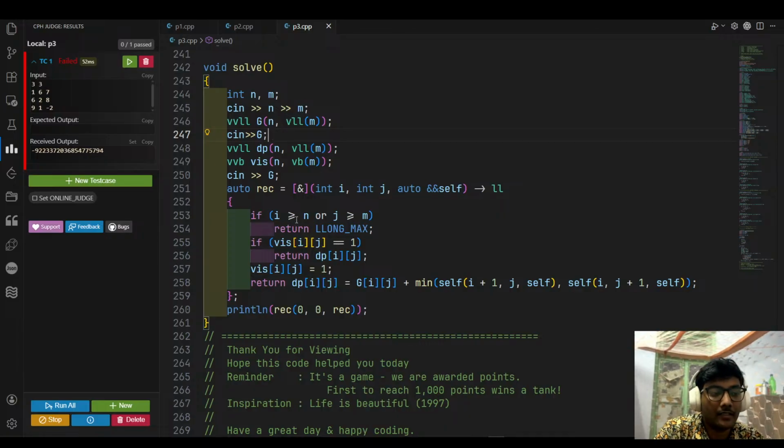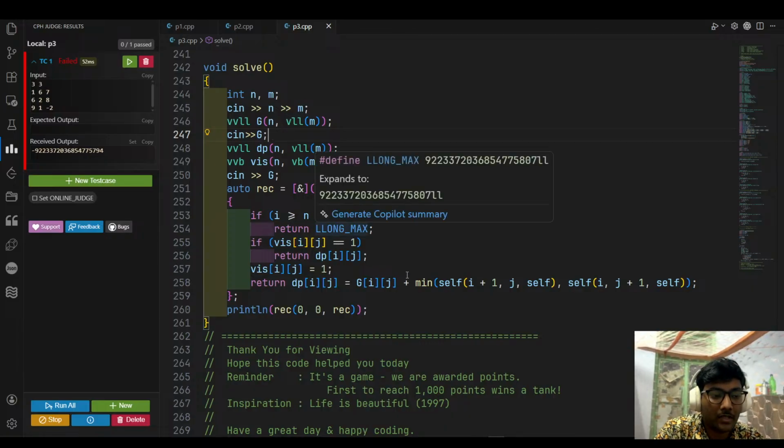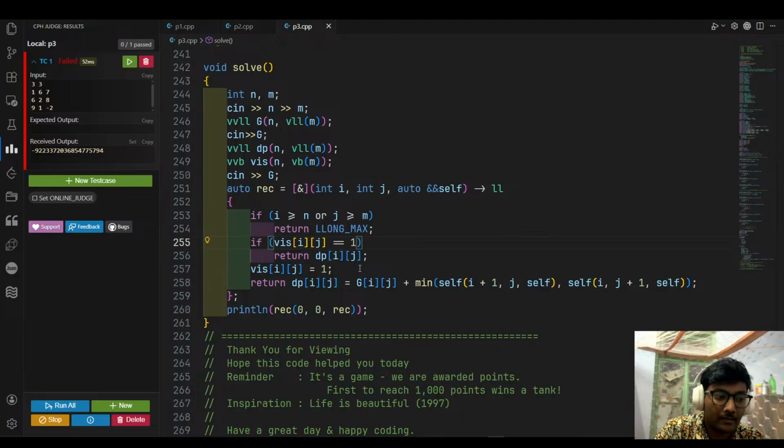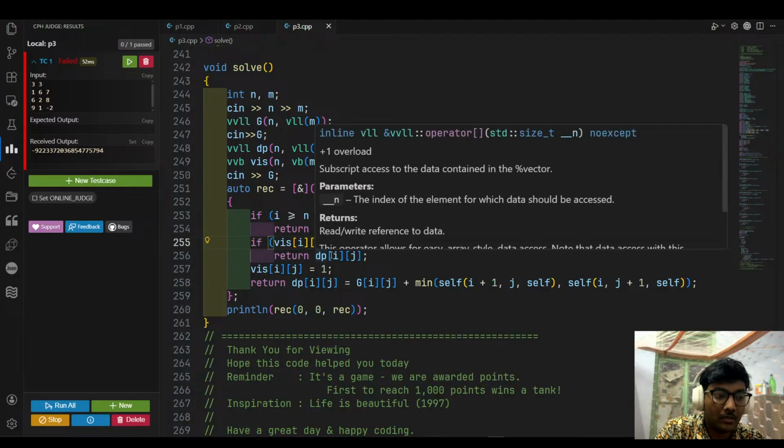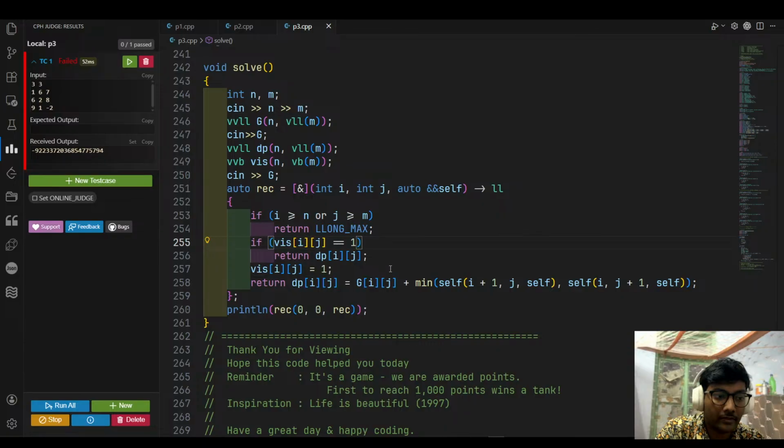If i is greater than or equal to n or j, n with a long max, if it is equal, then I can just put it, otherwise g of i j plus the min.